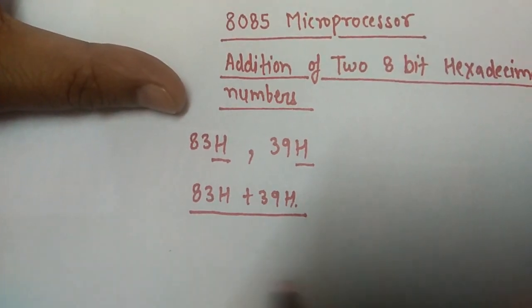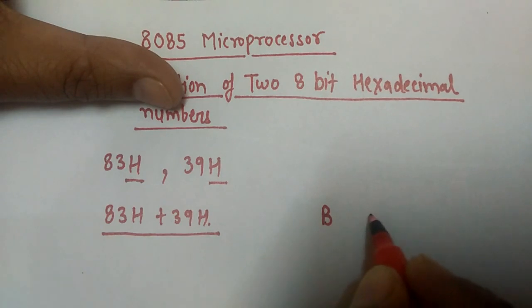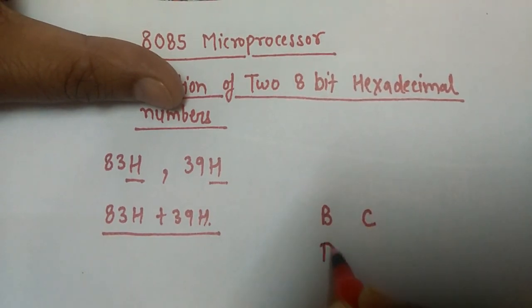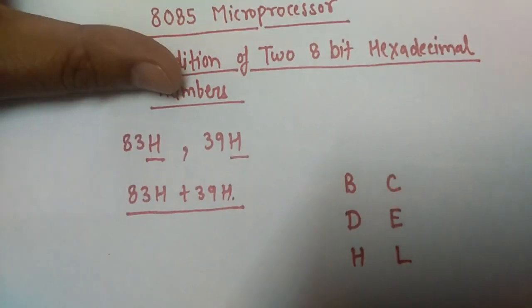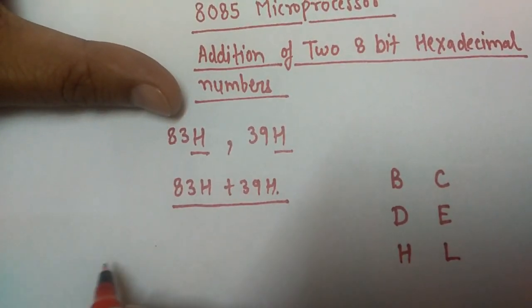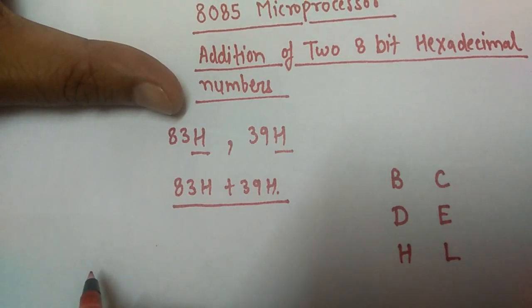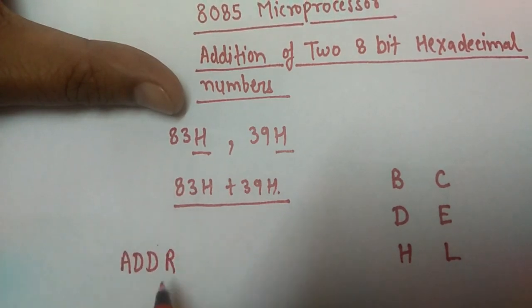Friends, you might know that the 8085 microprocessor has general purpose registers like B, C, D, E, H, L. For addition there are different instructions to add two hexadecimal numbers, but I am going to use ADD R.